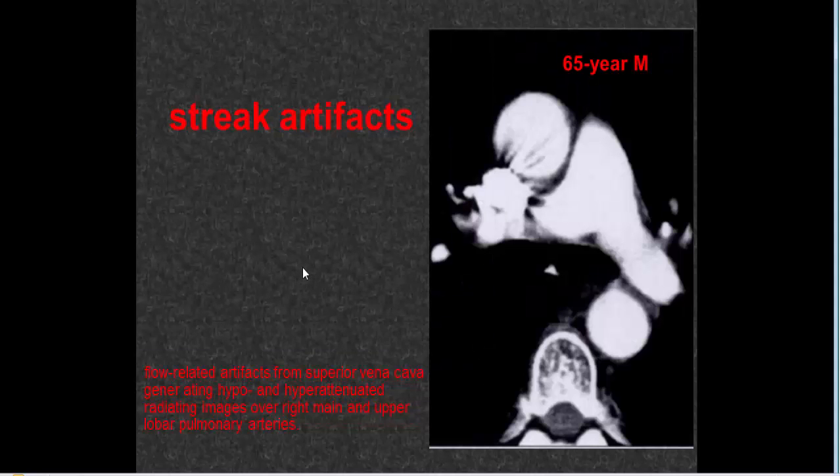Streak artifact. A 65-year-old male with flow-related artifact from the superior vena cava. As we see, it generated hypo- and hyper-attenuated radiating images over the right main and upper lobar pulmonary arteries.